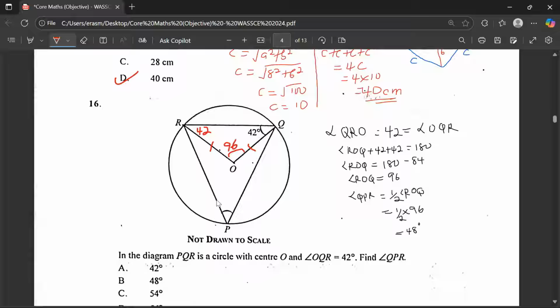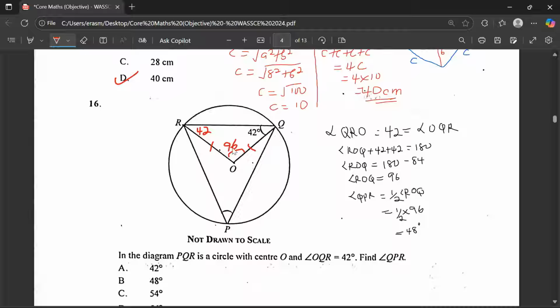Now, if a chord subtends an angle at the center and also subtends an angle at the circumference of the circle, then 2 times the angle subtended at the circumference is equal to the angle subtended at the center.